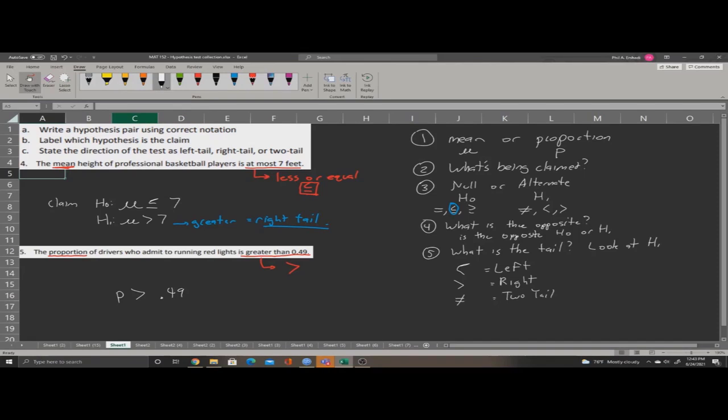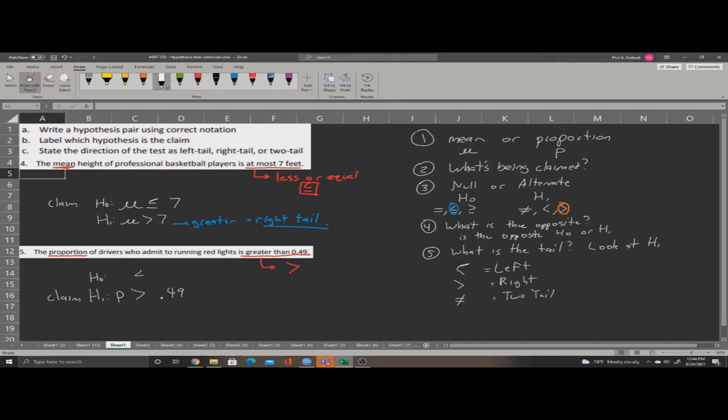Now, let's ask ourselves, is this null or alternate? The symbol that we used was greater than, which is this symbol, which is underneath alternate. Therefore, we'll label this with an H1 and label that this is the claim. Now, step 4, we ask ourselves what the opposite is. The opposite of greater is less, and this must be the null because we've already used the alternate.